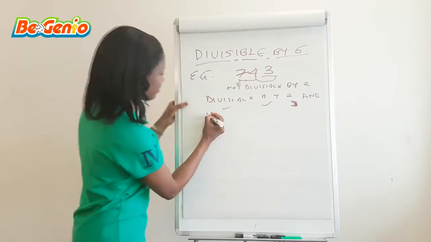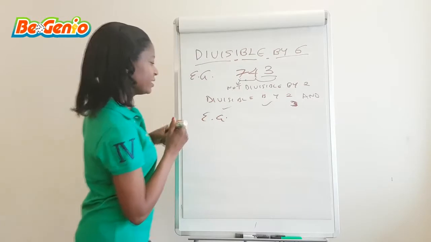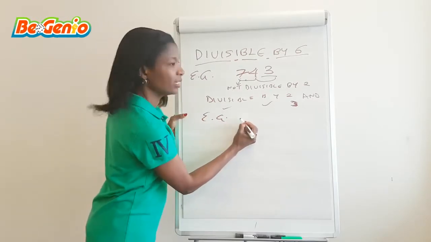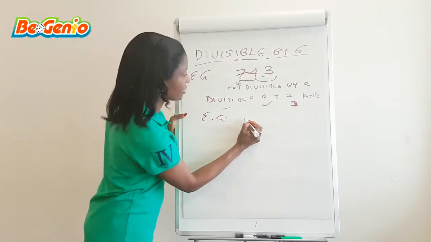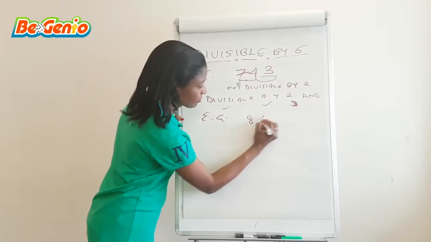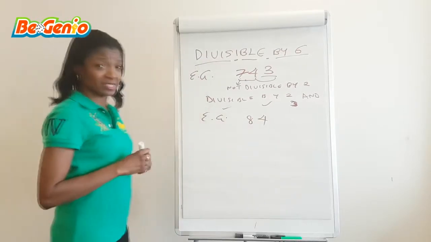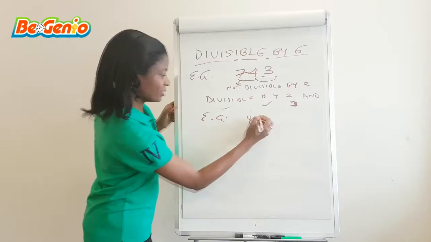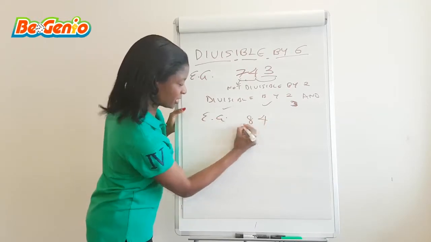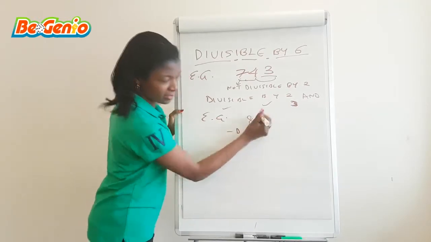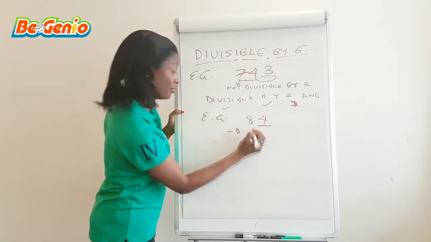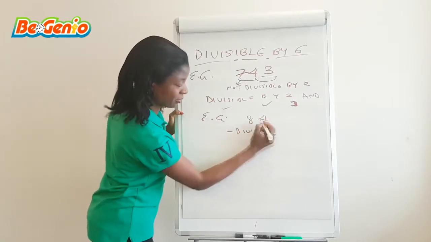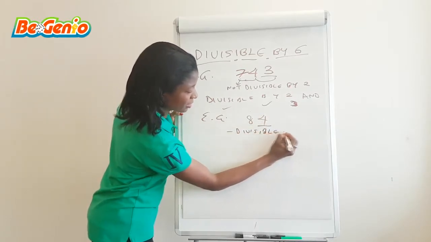So, another quick example. If we had 84, is that divisible by 6? Well, let's see. First of all, is it divisible by 2? Last digit, is that an even number? Yes, it is. So this 84 number is divisible by 2.